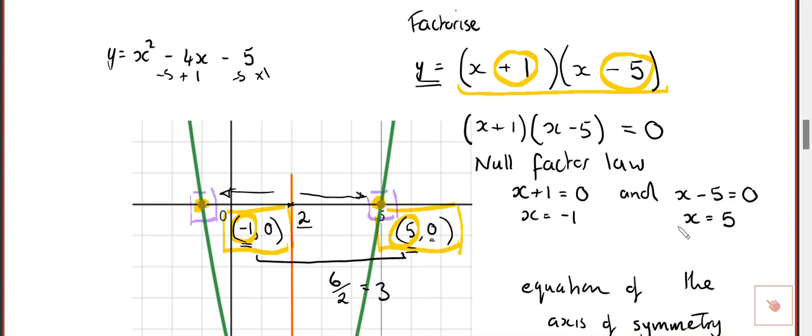So do you notice, do they just switch? Well, it's because what subtract 5 makes 0? Positive 5, the opposite. So these are the ones that actually give you those two numbers.